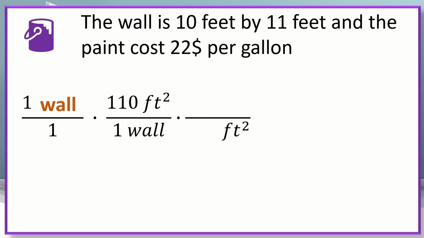I now have feet squared. Don't want to talk about feet squared. And note how when I go to do the unit conversion, the current unit I'm in, feet squared, I don't want, so I place that opposite. In this case, the feet squared I have is in the numerator, so I'm going to place feet squared in the denominator. Now, I'm trying to get to cost. Before that, I'm going to go to gallons, and I have no idea how much I can expect a gallon of paint to cover.